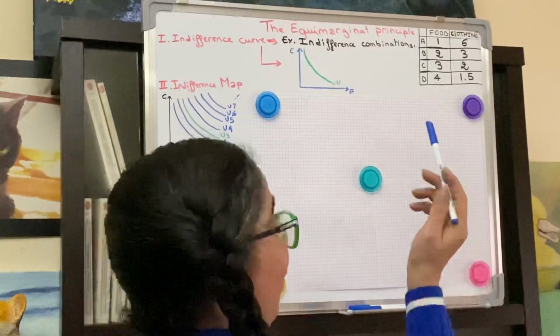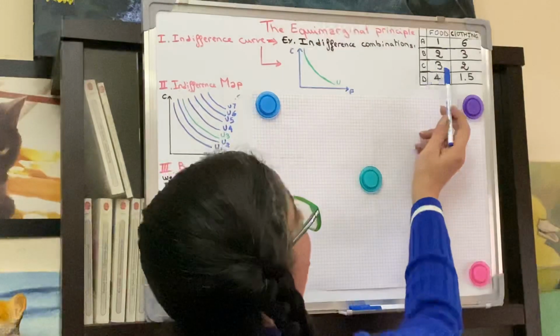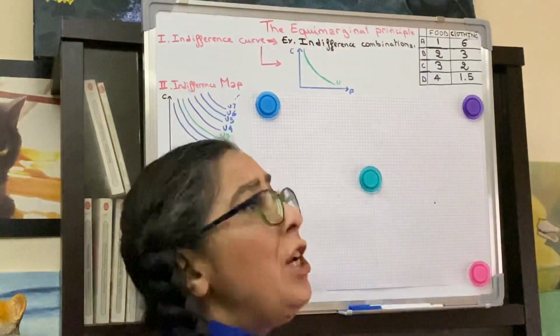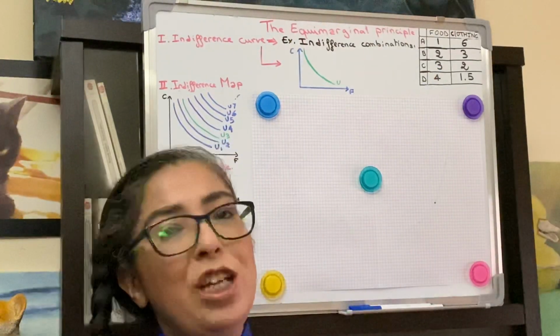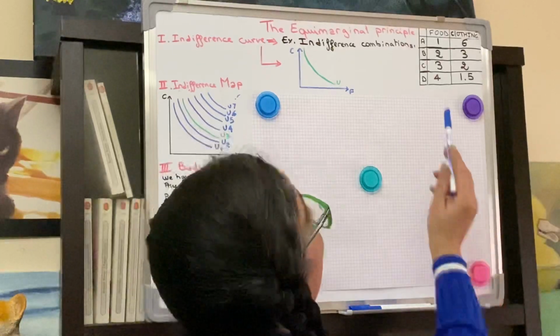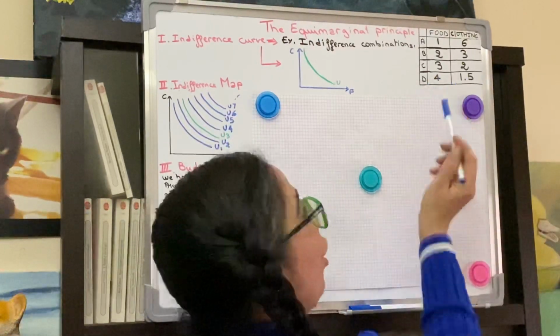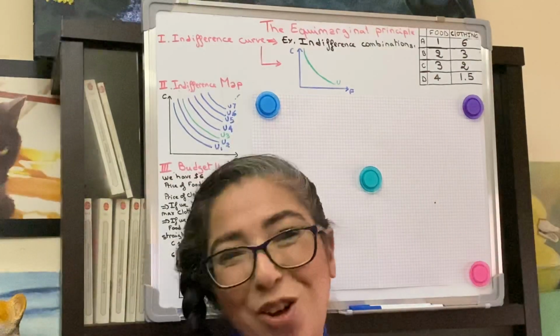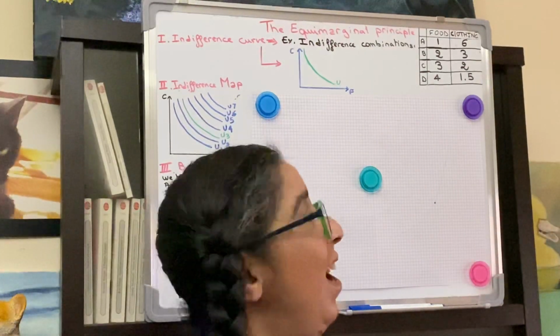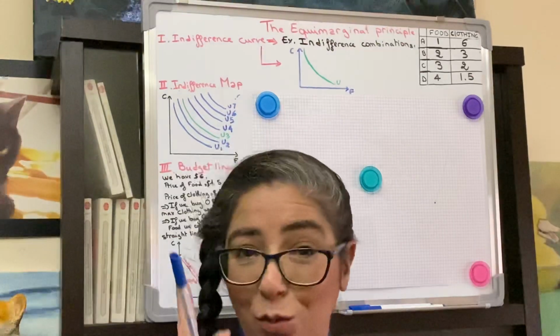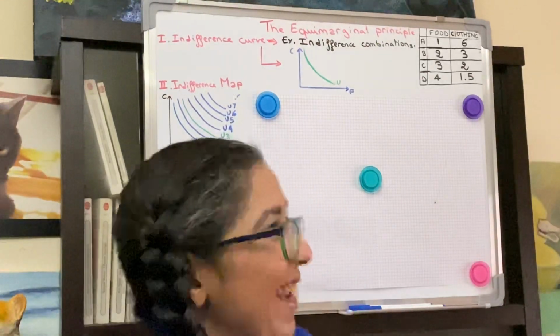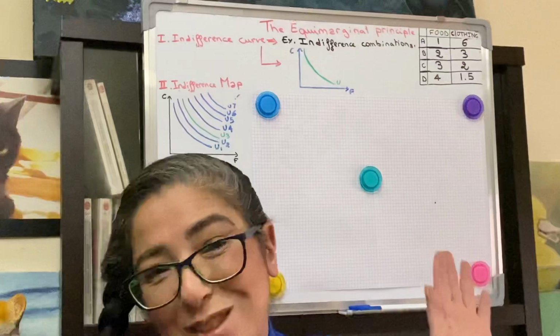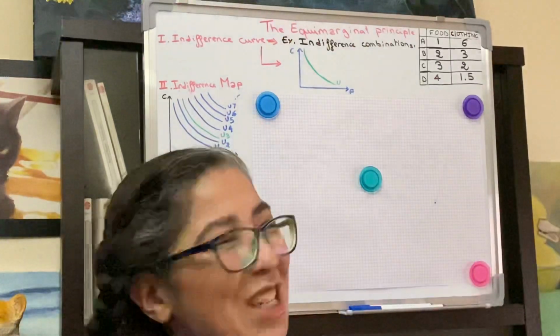Same satisfaction as combination C, where that person has 3 units of food and 2 units of clothing. And then combination D, 4 units of food and 1.5 units of clothing, whatever that means, like a pair of shorts and 1 shoe. It doesn't mean anything, but that's what they wrote in the book.